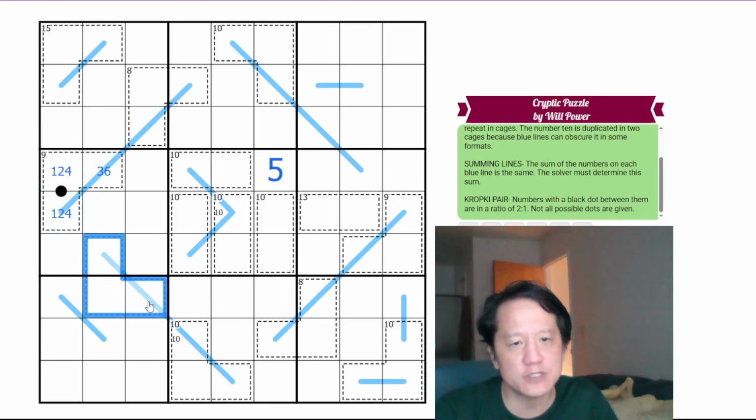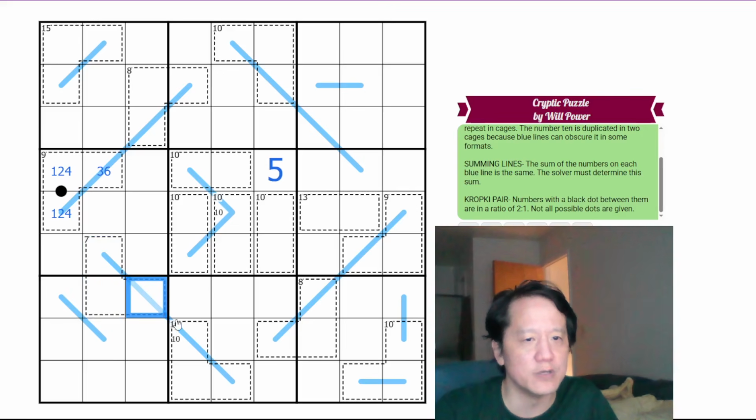And we have 3 digits here adding up to 7. That requires that this be 1, 2, and 4. And this can't be 2, because one of these has to be a 2 here. So this is 1, 4 here, and we're guaranteed a 2 here.